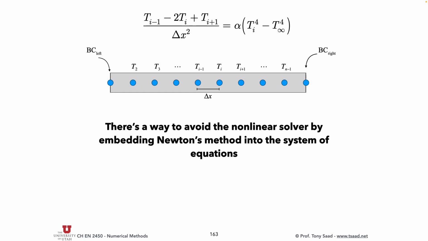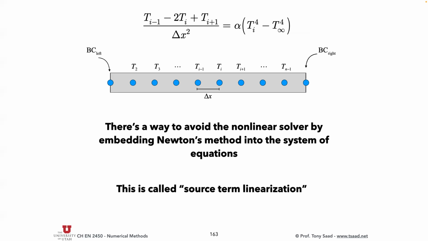And this is called source term linearization. You will be able to spot this kind of problem immediately when you look at the right-hand side of the governing equation. If the right-hand side has nonlinear terms in the dependent variable, it's going to result in a nonlinear system of equations immediately.